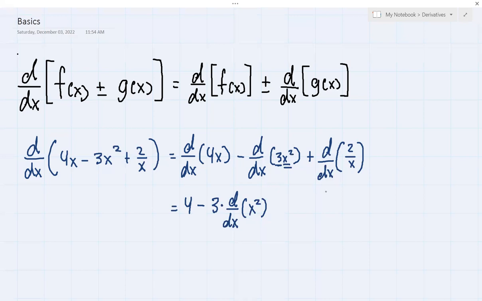Paano kaya to i-solve? So, you see, di ba may 1 all over x siya? Recall natin, di ba kanina, sinabi ko, x raised to negative m is equal to 1 all over x raised to m.